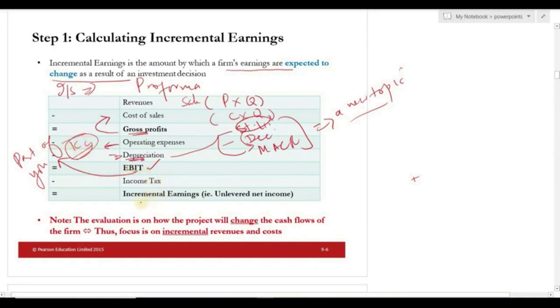After that, earnings, incremental earnings, and this means unlevered net income. Unlevered means we haven't subtracted interest. So without subtracting the interest, the earnings are unlevered. There is no interest included in that earnings.